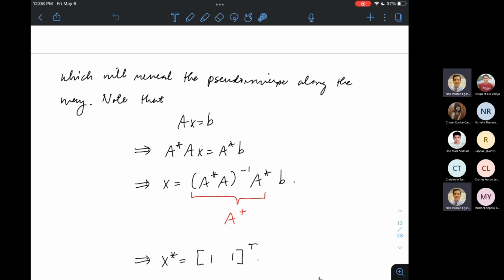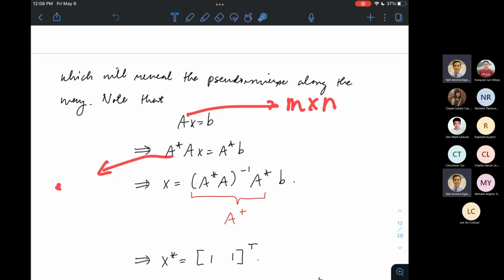Kasi actually this will even work even if A is not square. Because if A is of dimensions m by n, yung A conjugate, kasi ang A conjugate lang naman ay yung matrix na ang laman niya ay yung conjugate ng mga transpose ng matrix A, ito ay magiging n by m. So their product will be n by n. All right? And pwede tayong mag-usap about the actual inverse.